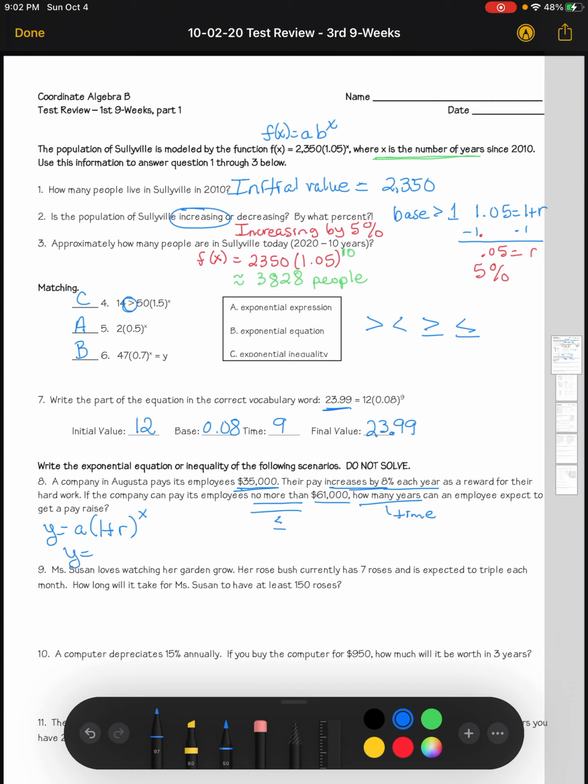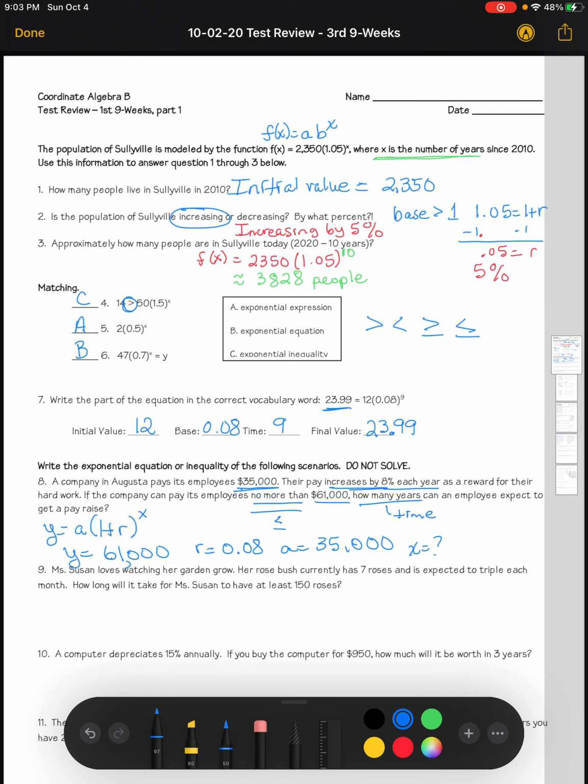Because an employee can earn no more than $61,000, so that would be our y value or our final value. R is the rate of 0.08. Our initial value, the company is paying its employee currently $35,000, so that would be our initial value. And we do not know the time, because the question asks how many years.